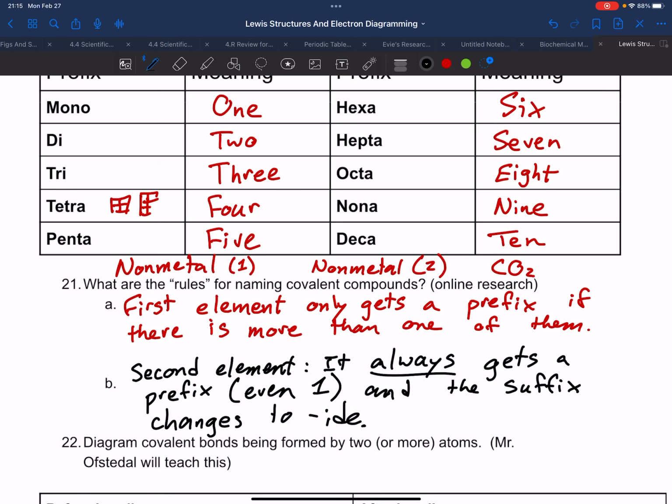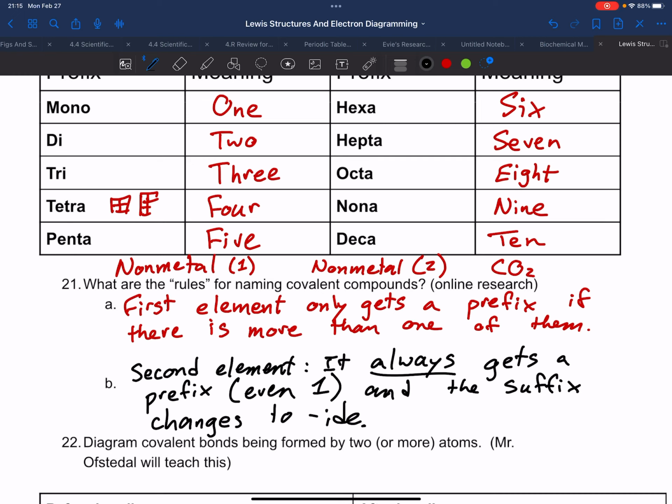Just like we did for the ionic compounds, right? Everything ended in "ide," right? So sodium chloride, lithium oxide, everything, the first element, metal, the name didn't change at all.